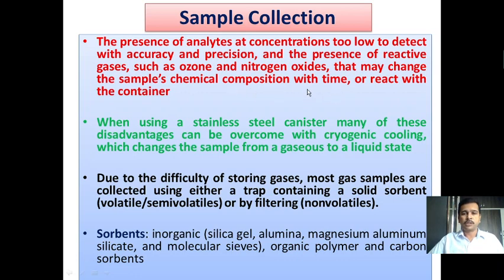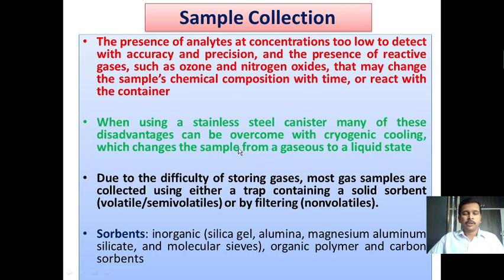And of course this will vary with time because they react with the container. The atmospheric components or the gaseous species may react with the container, and they may react with the gaseous components such as ozone or nitrogen oxides. The chemical composition of the analyte may vary. If their concentration is low, we will lose them, so accurate and precise determination will not be possible.